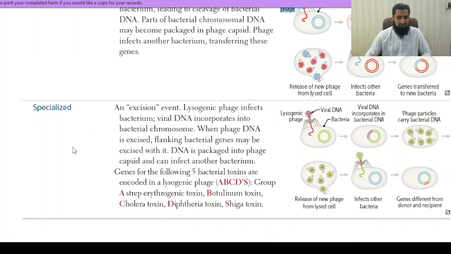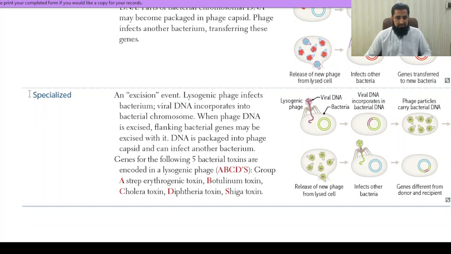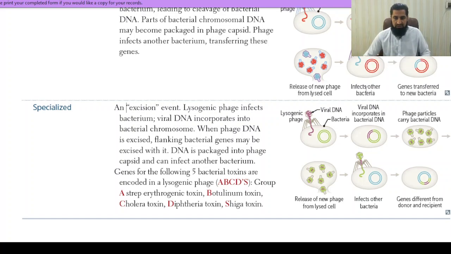This is generalized transduction. And what happens in specialized transduction? With a lysogenic phage, the viral DNA is incorporated into the bacterial DNA. Phage particles then carry bacterial DNA.